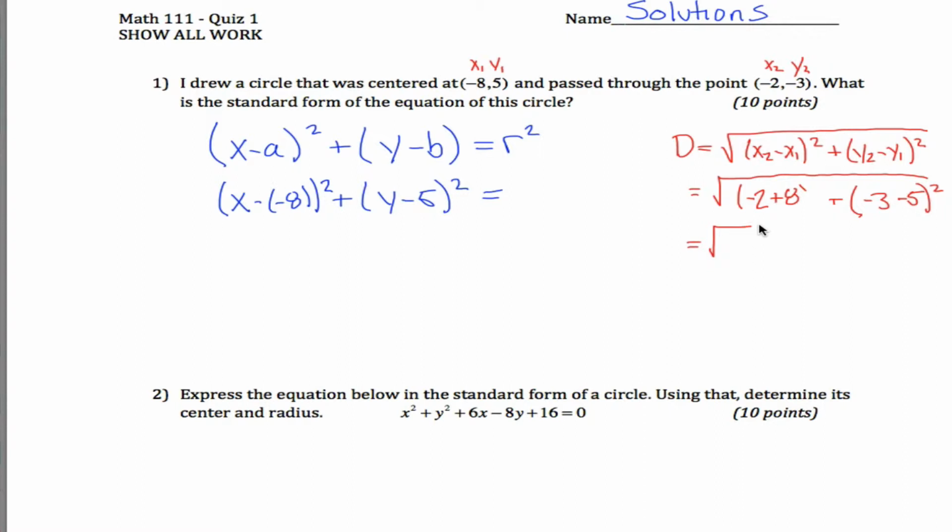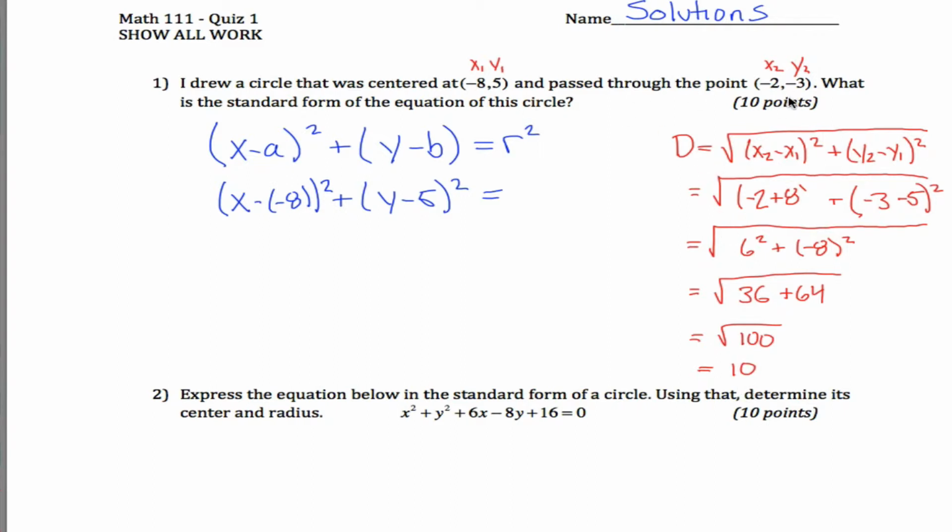And so the distance between these two points is, well, -2 plus 8 is +6, and -3 minus 5 is -8. So whatever 6 squared plus -8 squared is, well, 6 squared is 36, and -8 squared is +64. If you add those up, you get 100, and the square root of 100 is just 10.